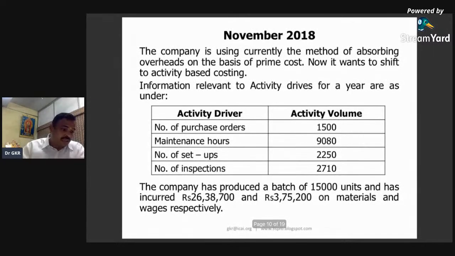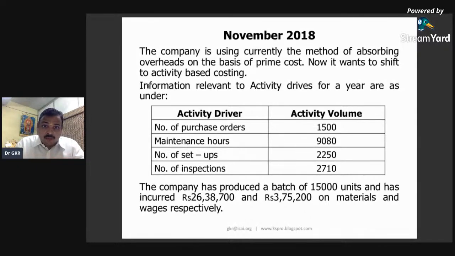Good. So now let's go to the question. The company is currently using the method of absorption of overheads on the basis of prime cost. Now it wants to shift to ABC. So now you are going to compare traditional costing and ABC. Information relevant to activity drivers for a year is given, such as number of purchase orders and maintenance hours.